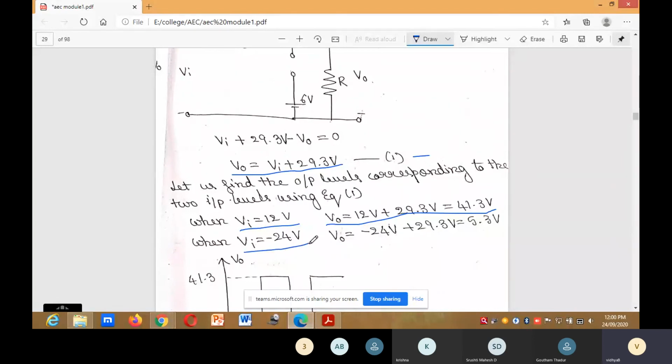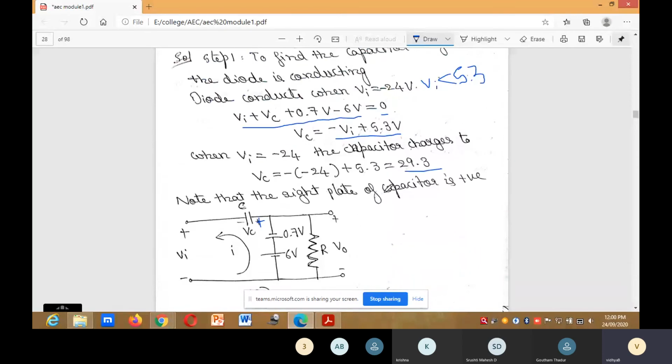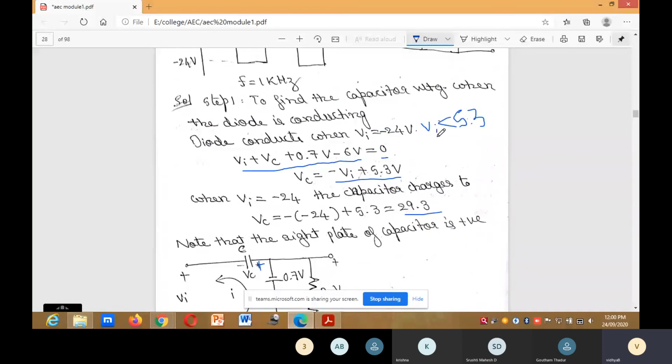When Vi is equal to minus 24 volts, we get 5.3 volts. But one thing you need to remember: when Vi is equal to 12 volts, the condition is Vi greater than 5.3. When Vi is equal to minus 24 volts, the condition is Vi less than 5.3.